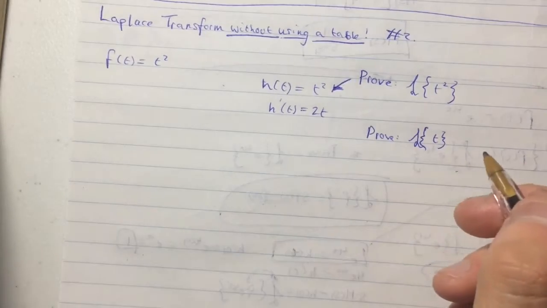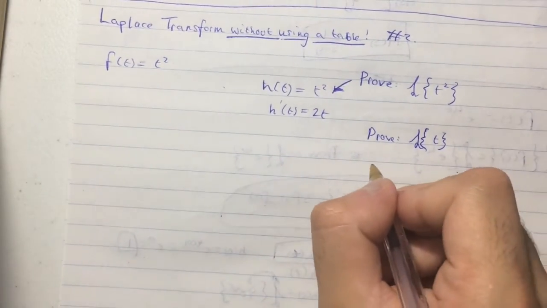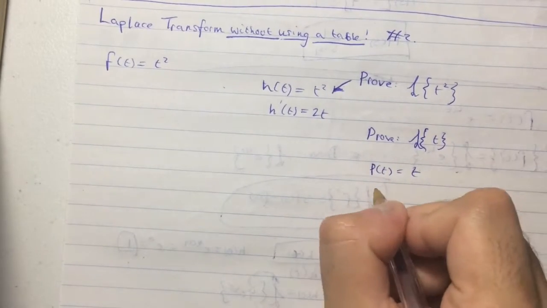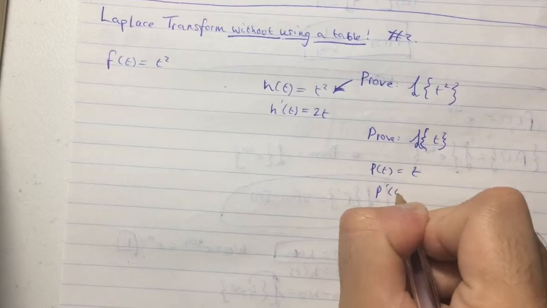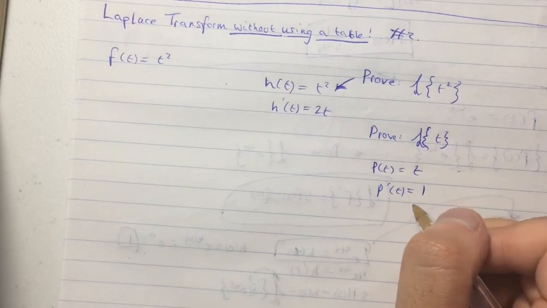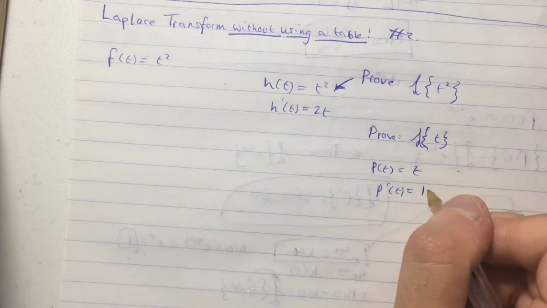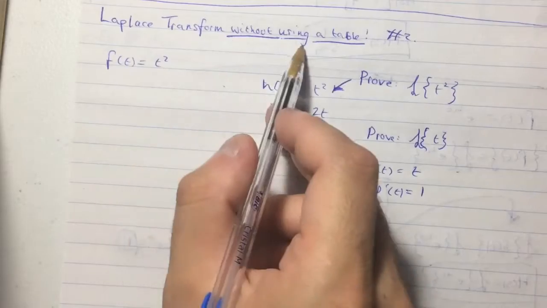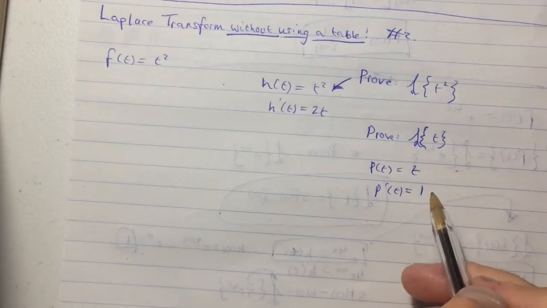So what are we going to do? We're going to say that p of t is equal to t. So if I take the derivative, p dash of t is equal to 1. Now here's where it gets a little more weird. If I'm not using the table, now I need to prove the Laplace transform of 1.